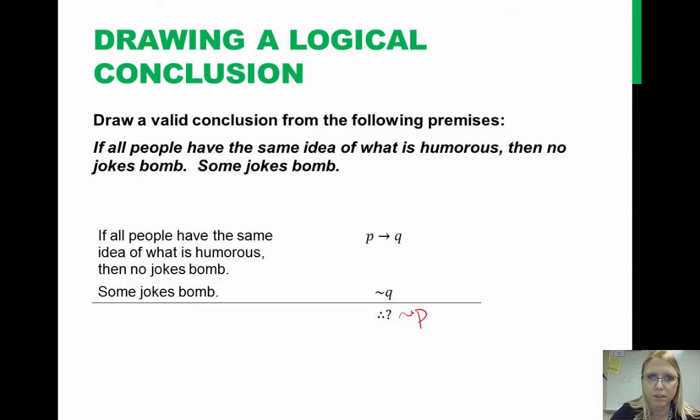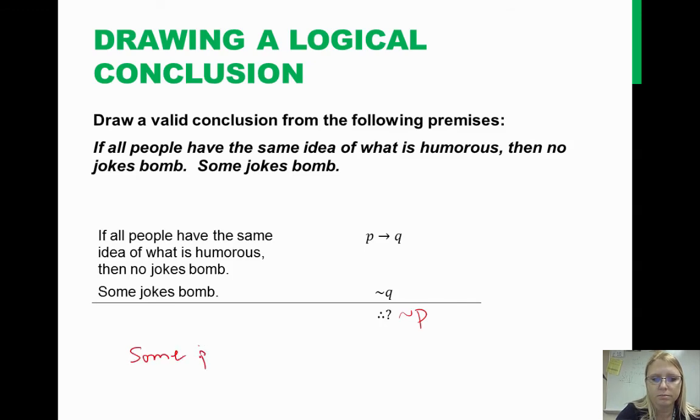So if I need to put this in English, then I would say the negative of all people have the same idea of what is humorous. Well, what is the negative of all? Some.